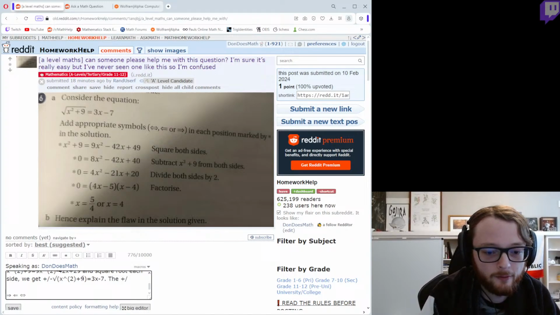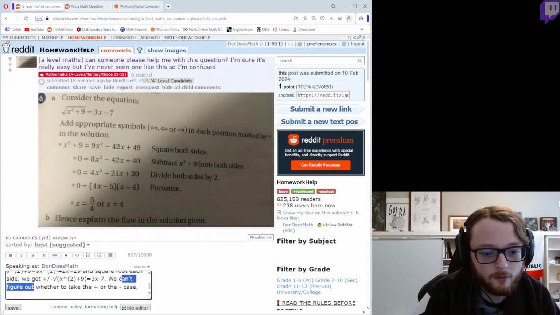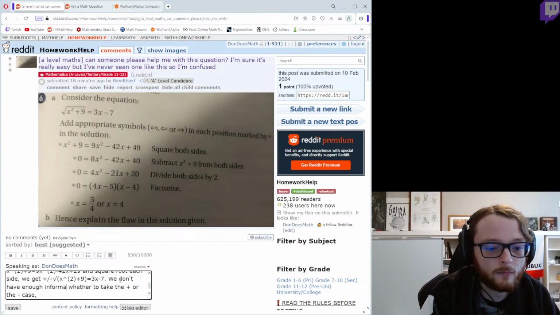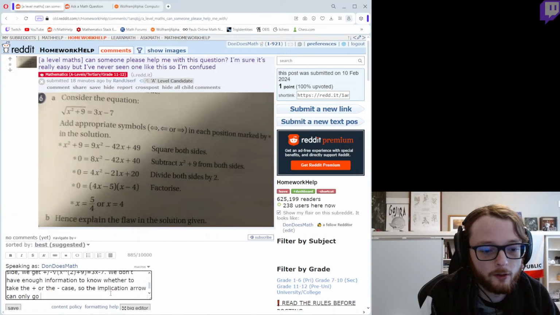The plus or minus, we can't figure out whether to take the plus or the minus case, or we don't have enough information to know whether to take the plus or minus case, so the implication arrow can only go one way here.